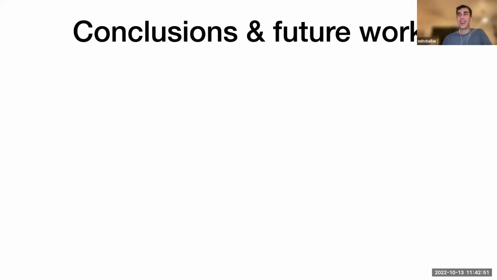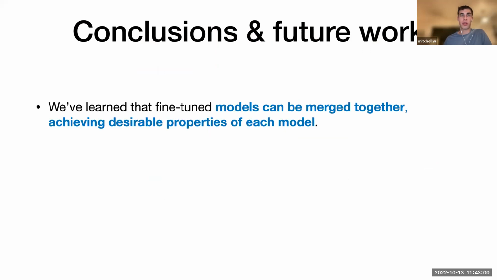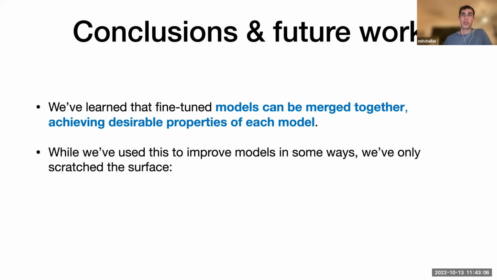Right, okay. So to end with some conclusions and future work: so far we've learned that models can be merged together, achieving desirable properties of each model. While we've used this to improve models, in some ways we've only scratched the surface here.